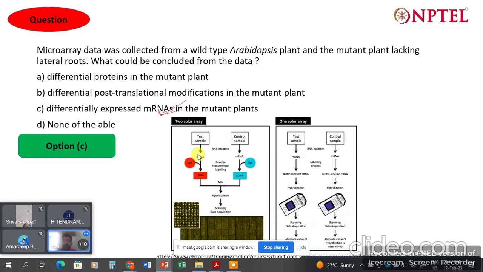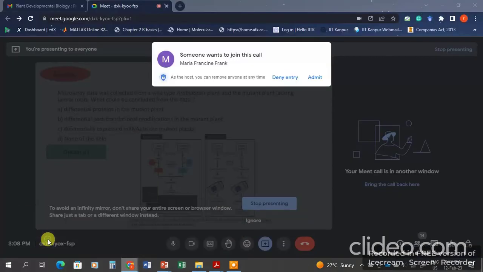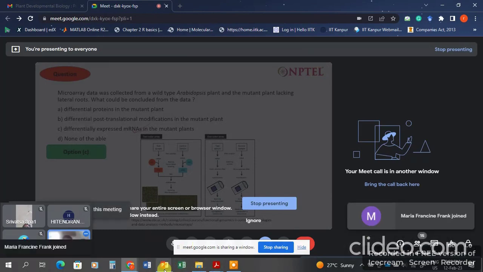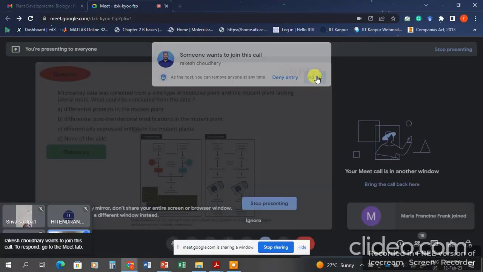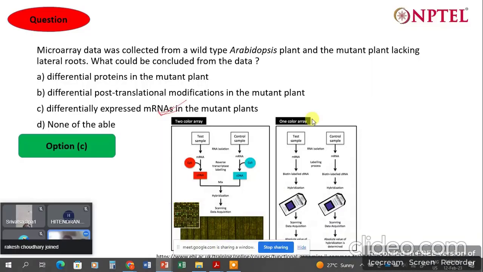So first we'll discuss what a microarray is. It's basically a chip, and on this chip various spots are made, and in each spot there will be all the genes of the organism or the cell that we are studying.